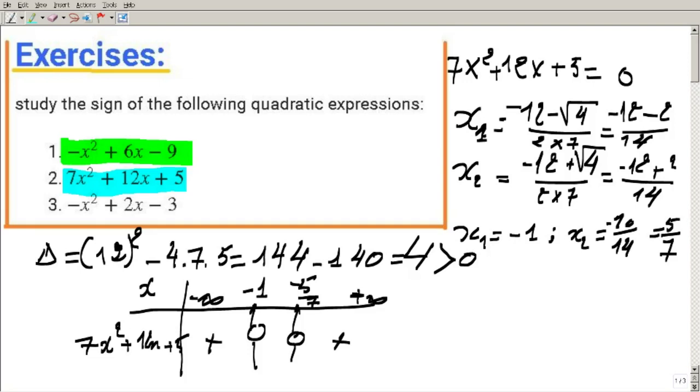But if x is between minus 1 and minus 5 over 7, the sign of the quadratic expression is the opposite of the sign of 7, which is positive. In this case, the sign is minus, negative.